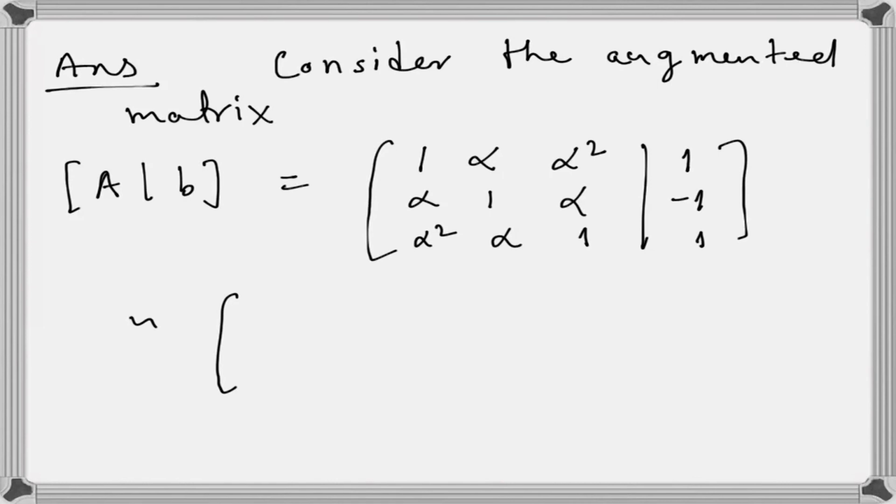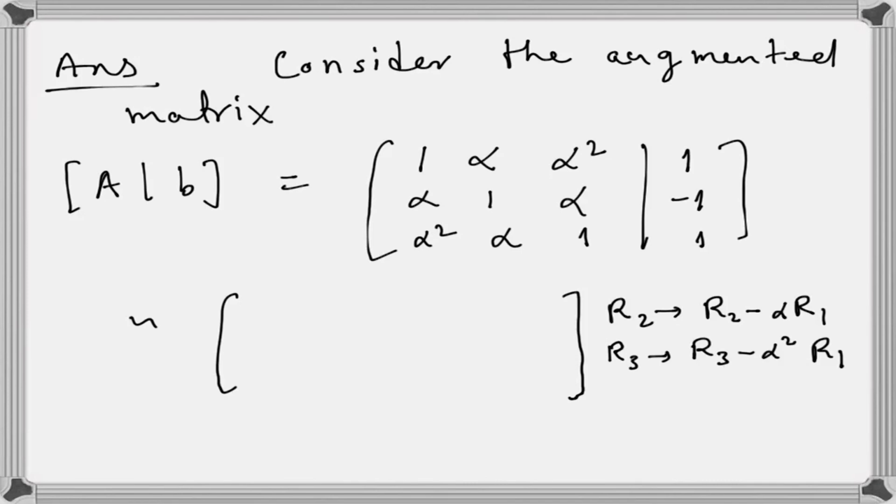If I take R2 and apply R2 minus alpha times R1, and R3 replaced with R3 minus alpha square R1, then there is no change in the first row.